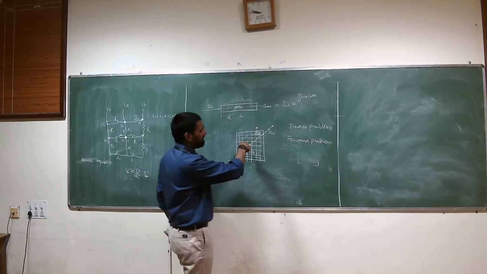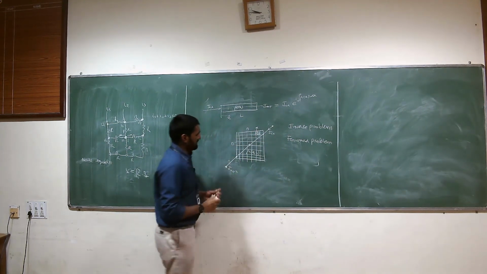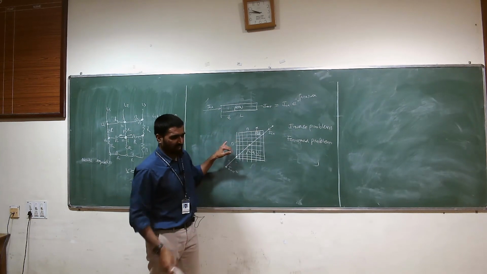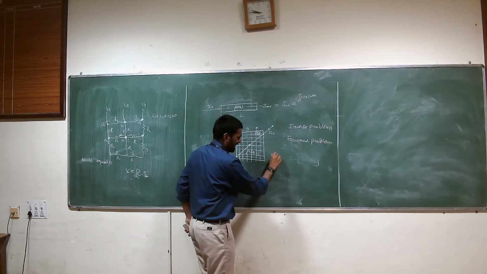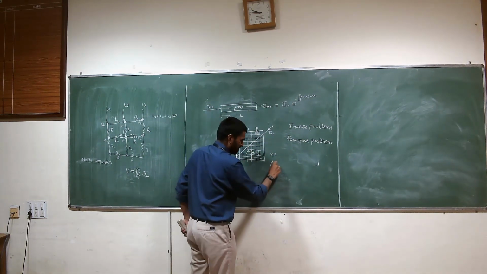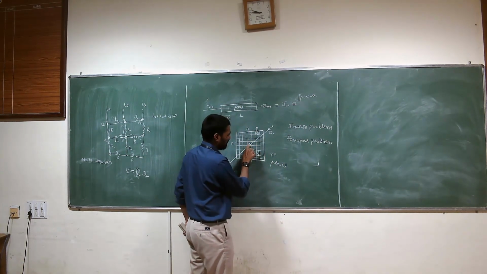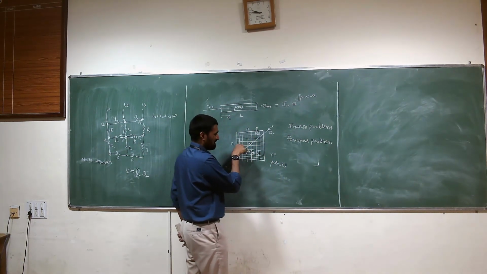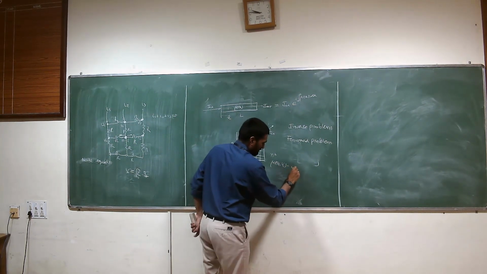Let's say we convert the square region into n by n pixels. That means you have a total of n square pixels, and in each of these pixels, you assume mu of xi comma yi, where xi yi is the position of the pixel on the ith row and the ith column, is constant.